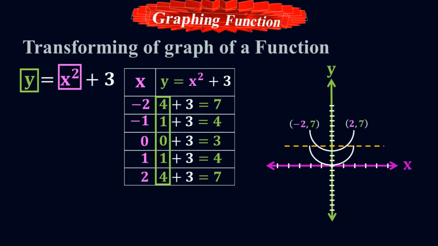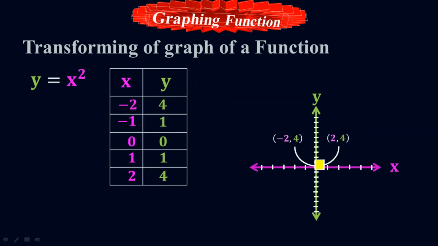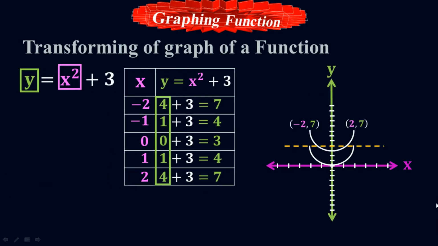Let's go back to my original function. That was my graph, which starts from the origin up to 4 along the y-axis and up to negative 2 and positive 2 along the x-axis. When I take y equals x square only, this is my original function. I added 3, which extends up to negative 2, 4, positive 2, 4.